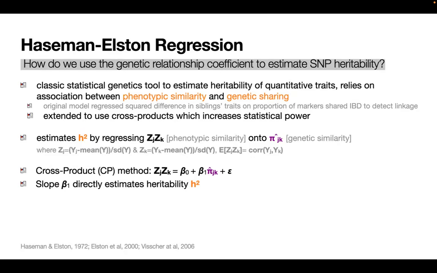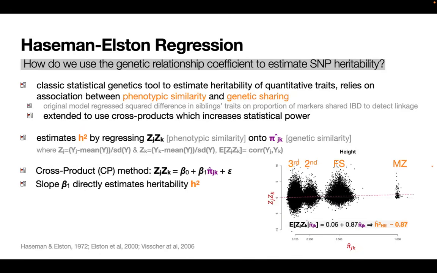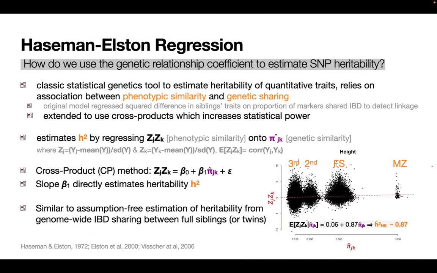So here is the formula of the cross-product method, which looks exactly like a simple linear regression, where the beta-1 coefficient directly estimates the heritability, which is shown in this figure here. And this method is rather similar to the assumption-free estimation of heritability from genome-wide IBD sharing between full siblings or twins, as developed in Sarah Medland's group at QIMR.